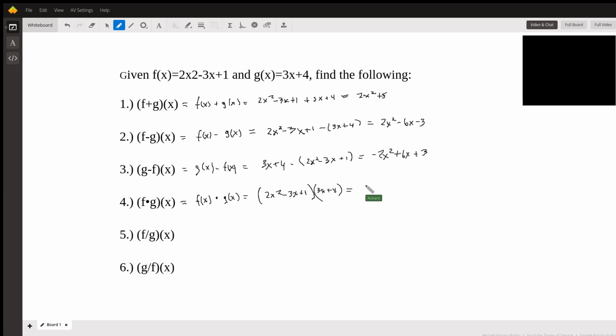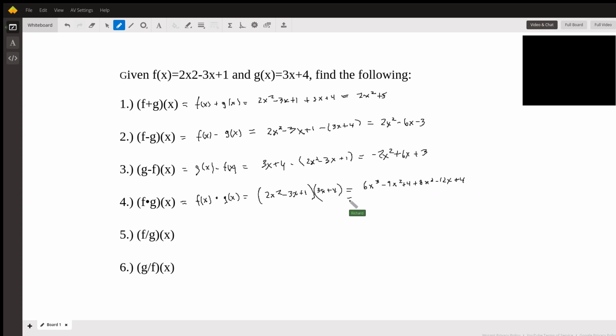You're going to get 6x cubed, minus 9x squared, plus 3x. Now we'll distribute this first term against the 4. You're going to get plus 8x squared minus 12x plus 4.